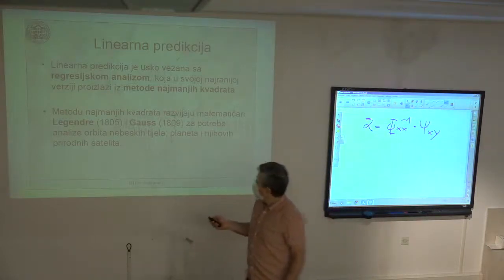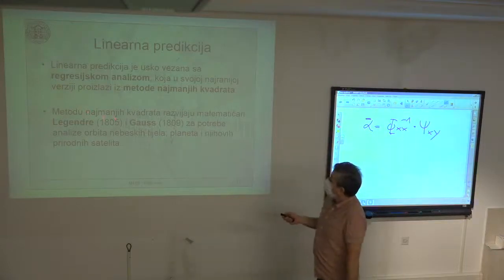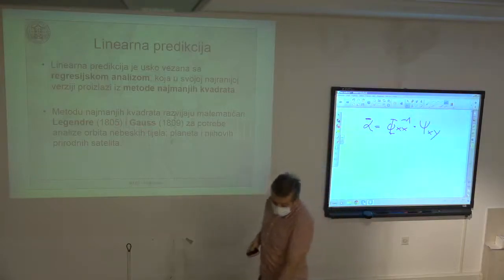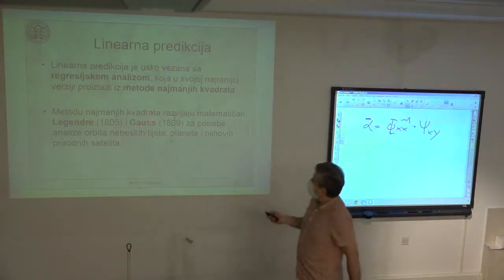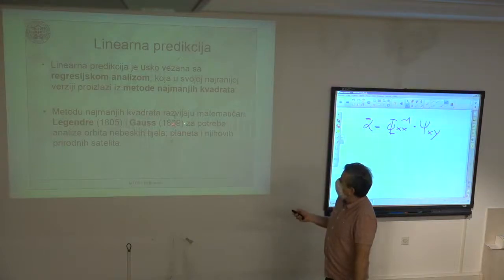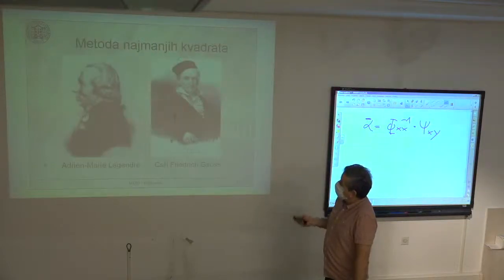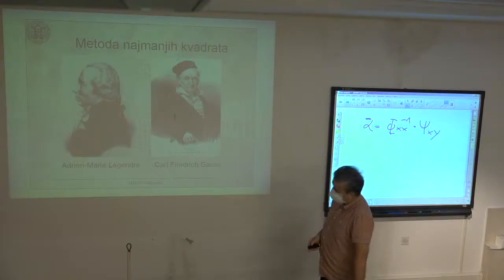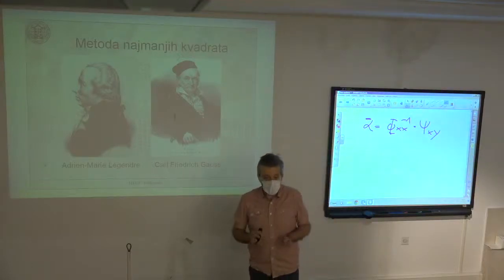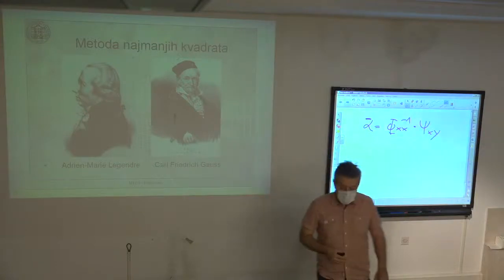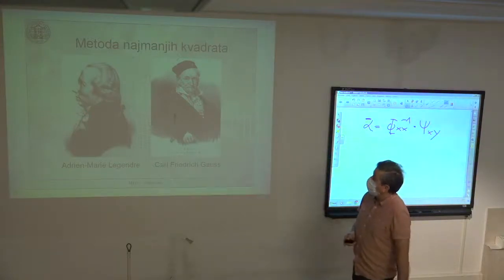One is Legendre, who published this idea in 1805, and the other is the well-known mathematician Gauss, who published this idea in 1809. On the left is Adrien Marie Legendre, and on the right is Carl Friedrich Gauss. They independently developed this theory for finding the optimal least squares solution.